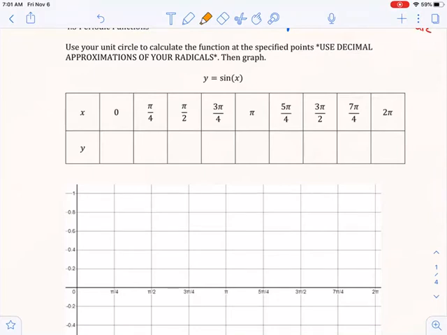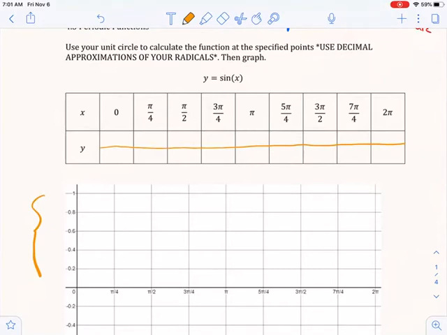If I have to complete this table, it's very easy with a unit circle. You're probably going to be tempted to state what the radicals are here, so maybe split this in two, so that on your first go you can grab the radical values off of the unit circle and then convert them to decimals below, because that's going to be easier for us to graph.